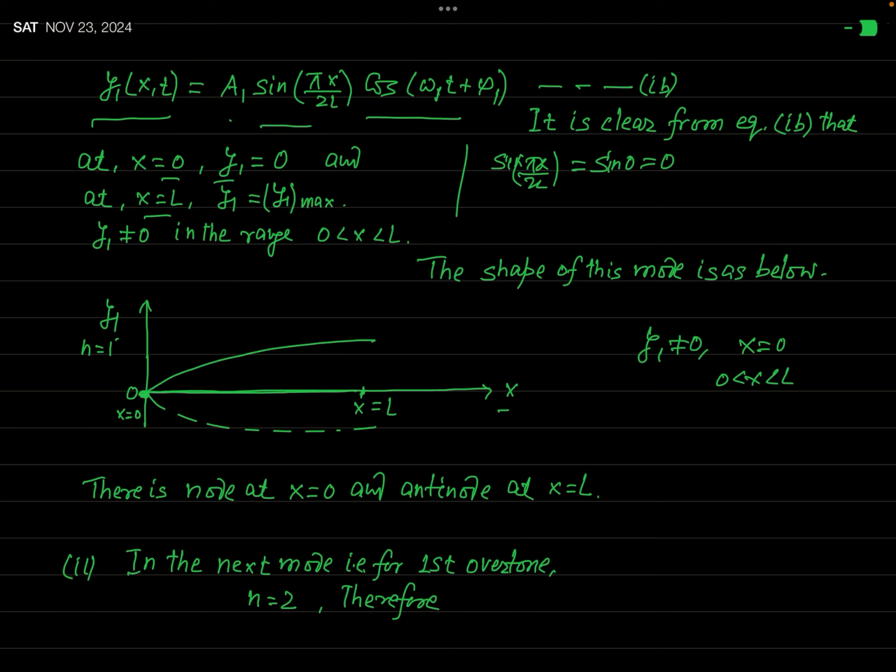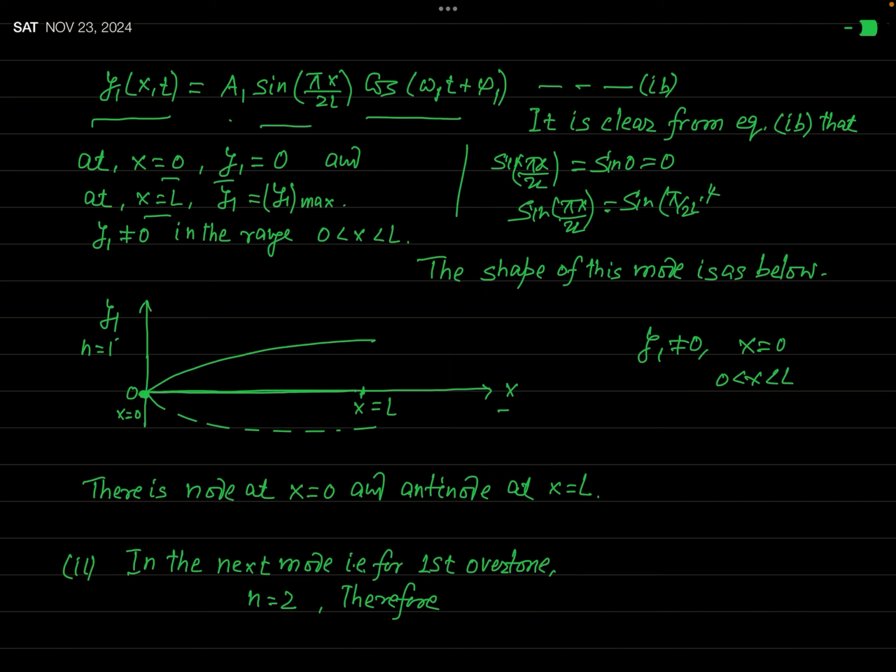You can see when we take x equal to L, then sine pi x over 2L will be sine pi over 2L times x.